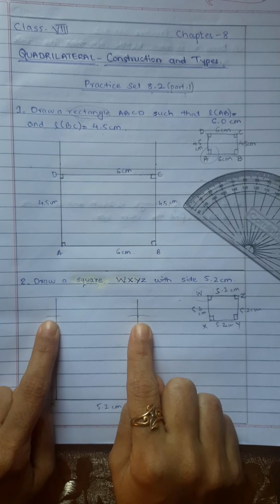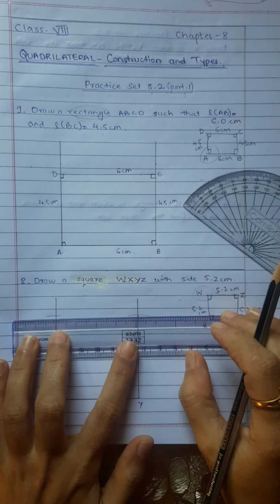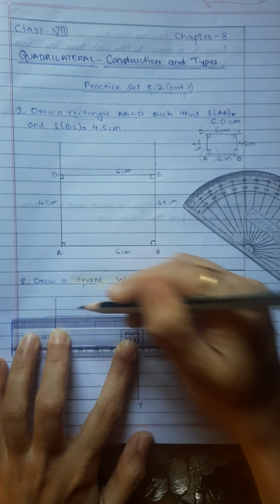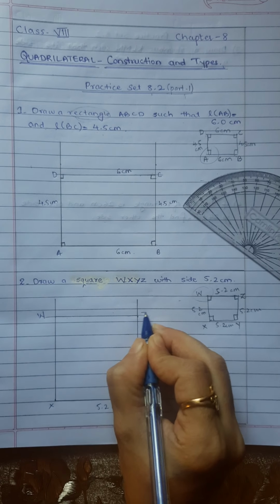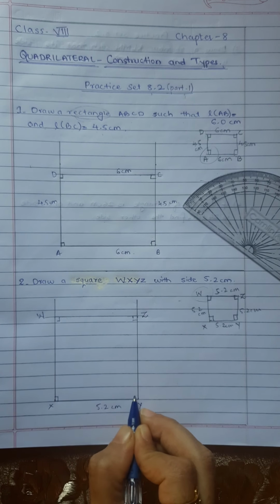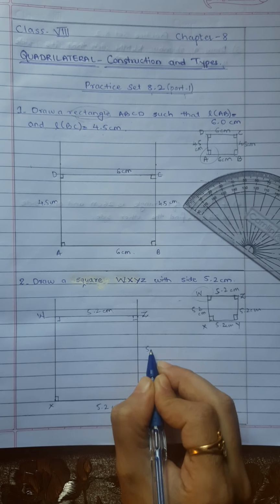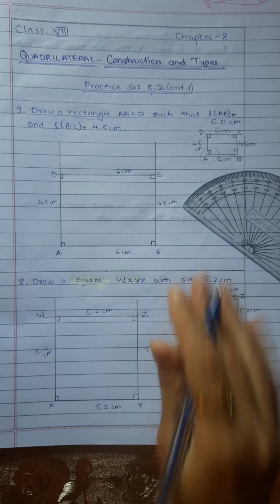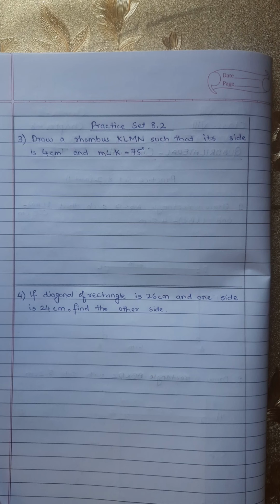These two points are nothing but our W and Z. So we will join this first. Name it as WZ. 90 degrees, 90, 90 and 90. 5.2 centimeters on each side. So our square WXYZ is ready.